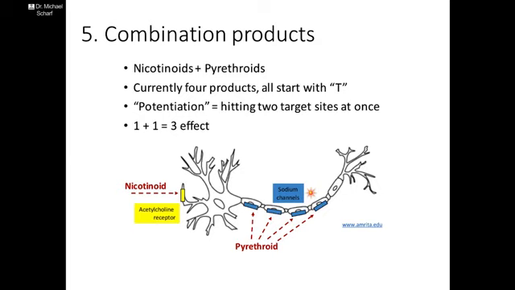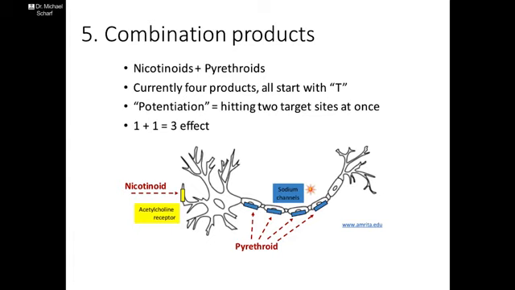So we have the on switch getting flipped on by the nicotinoids, and then we have another factor just holding it open with the pyrethroids. And indeed, it's been scientifically proven that it is truly a 1 + 1 = 3 kind of effect. But also, if you get resistance to one of the insecticides, some people would tend to say that you have resistance to the whole product as a mixture. But again, the science isn't quite there to support that, but it's a point of debate, we'll say.